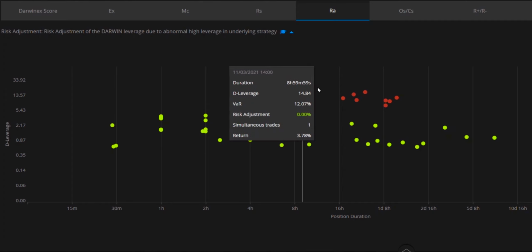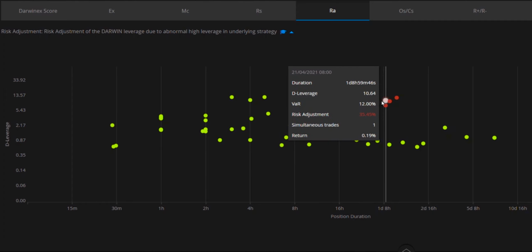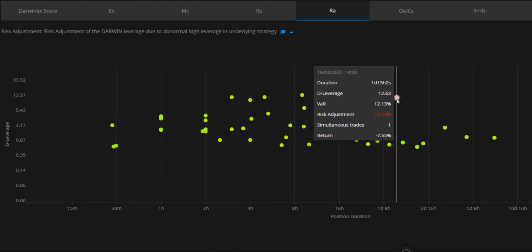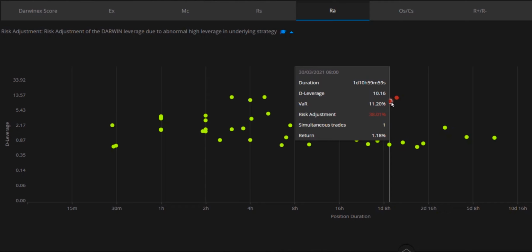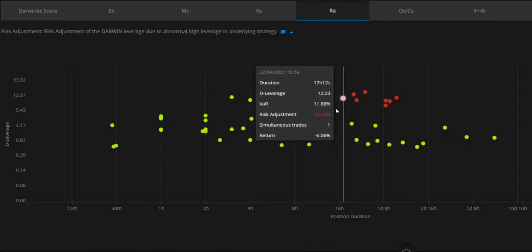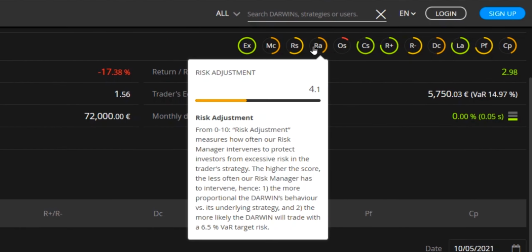So in the period of analysis here, there were 7 or 8 individual positions that required a more significant risk adjustment. And as you can see here, this particular one needed a 38% adjustment. And the fact that the risk engine had to intervene in this way means that the score reflects that, and in this example scores just 4.1 out of 10.